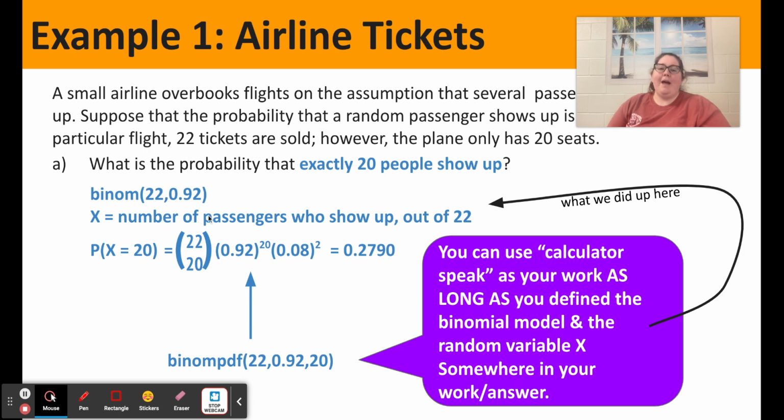You would need to do that in order to use binomPDF(22, 0.92, 20) as your work for this problem. Otherwise, you have to show the formula. That's the piece there in terms of the AP exam, what you get credit for. You're not going to get full credit if you don't show your work. And if you just put a number, if you just put 0.2790 without anything else, you will not get any credit at all. So keep that in mind.